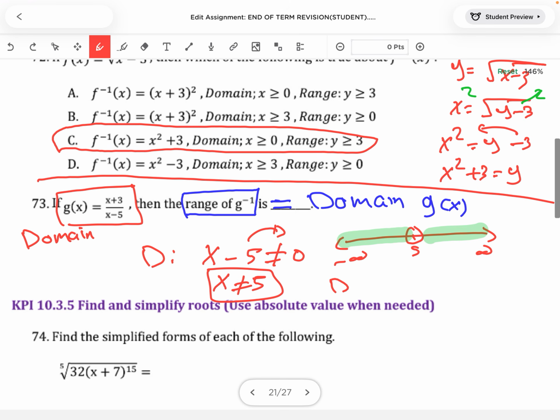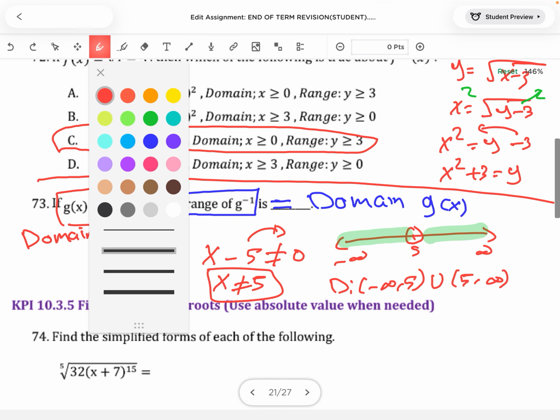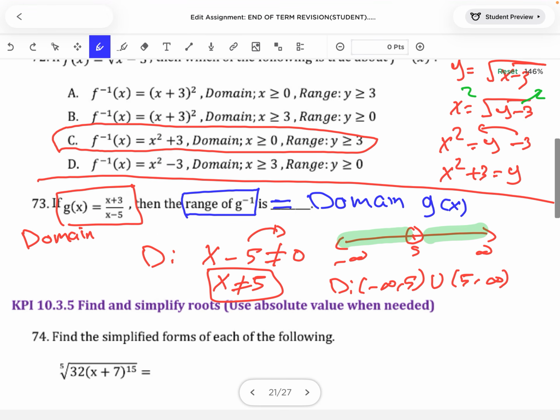So my domain is from negative infinity to 5, union 5 to infinity. Why do I have to exclude the 5? Because if I replace 5 in the function itself, I have 5 plus 3 over 5 minus 5. You will not get a solution. Because of this, I have to exclude this value. Okay.